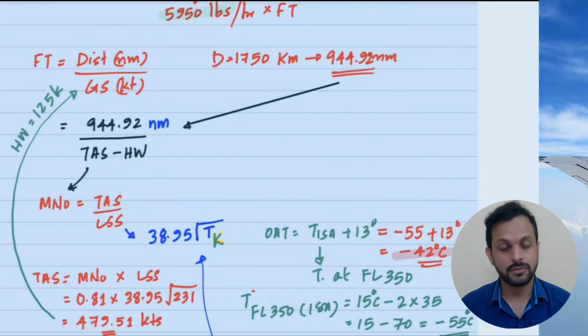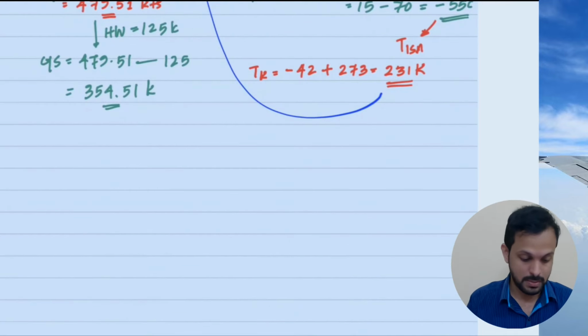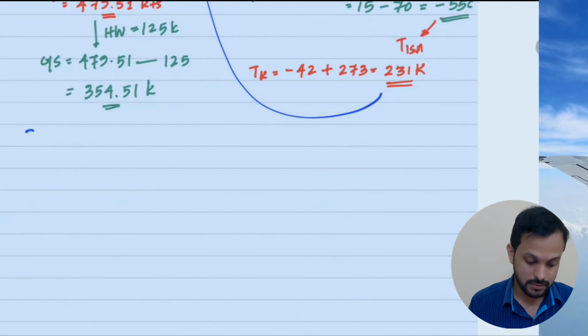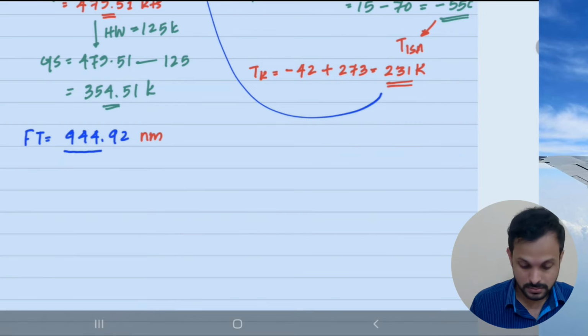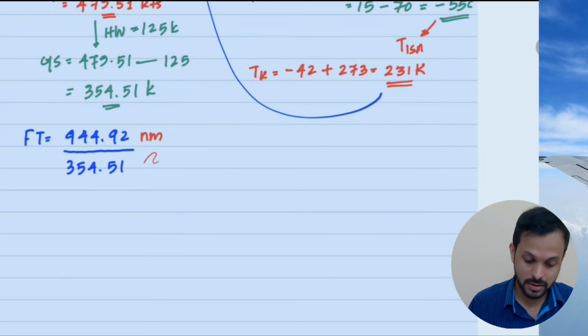Distance is already 944.92 nautical miles. So the flight time is distance of 944.92 nautical miles divided by the ground speed of 354.51 knots. You can see the units are in line. Let's find out what the flight time would be.